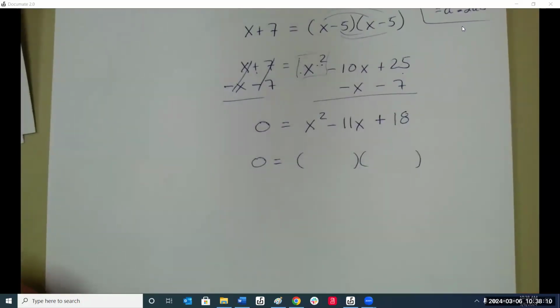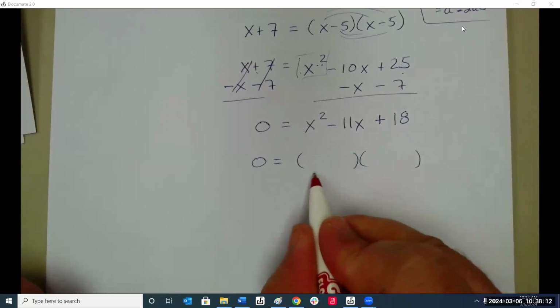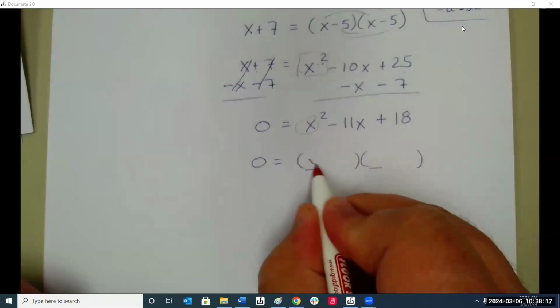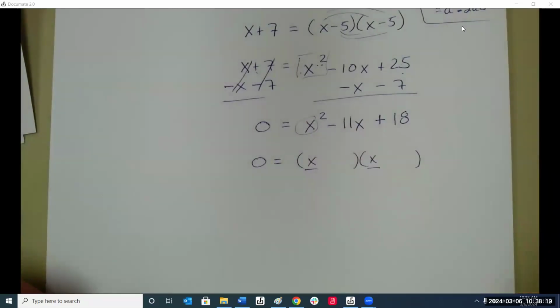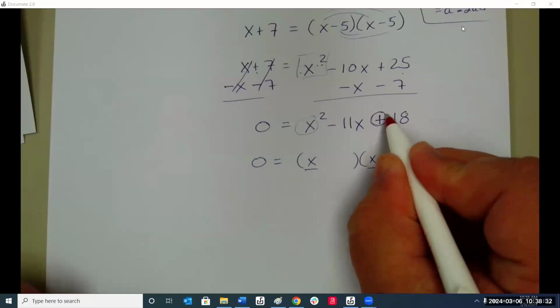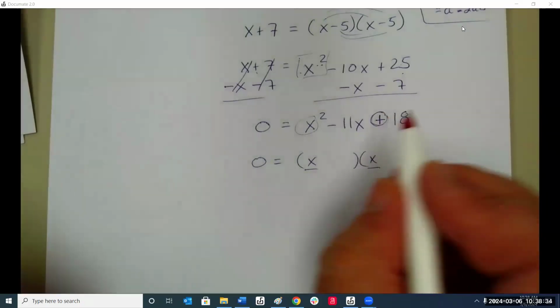Remember how to factor? What goes in the first spaces? X and x. What about the signs? Look at the second sign. If the second sign's positive, that means both signs are the same.